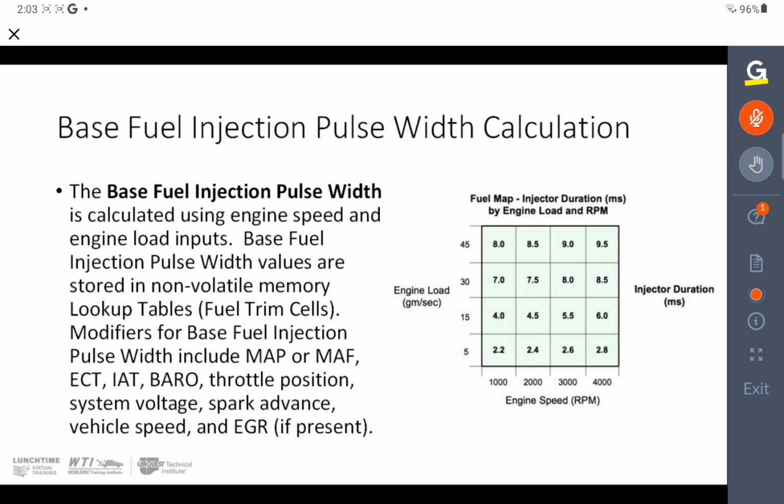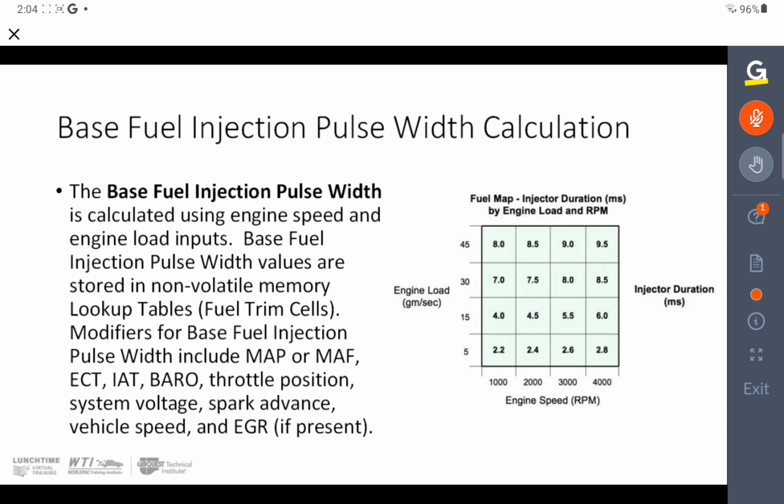Basic fuel injection pulse width. So we have something called a fuel map here, and each one of these fuel trim cells is showing you on the left-hand side what engine load was, and that's grams per second. And on the lower part, it's showing you engine RPM.